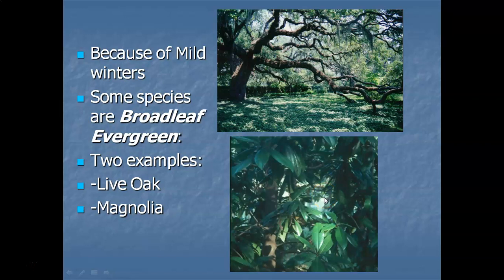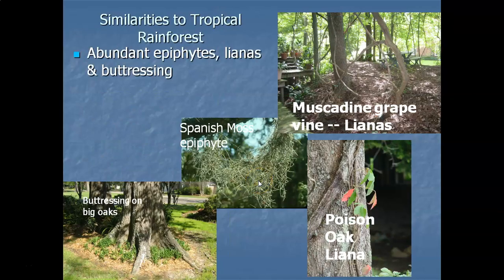We do have a period of major leaf drop, and we do have needle leaf trees, various types of pines, but for some reason they're just calling it the subtropical broadleaf evergreen. I guess the reason they're doing that is because we really do have a lot of similarities to the tropical rainforest. Like I said, we're not a tropical rainforest here.